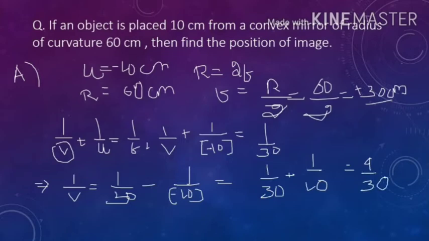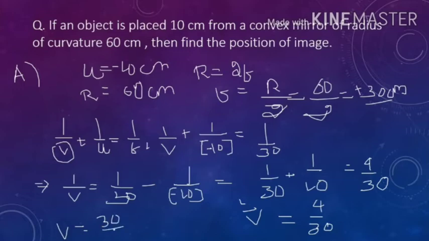So 1 by v equals 4 by 30. This means we have to calculate the value of v. If we take the reciprocal, v equals 30 by 4.